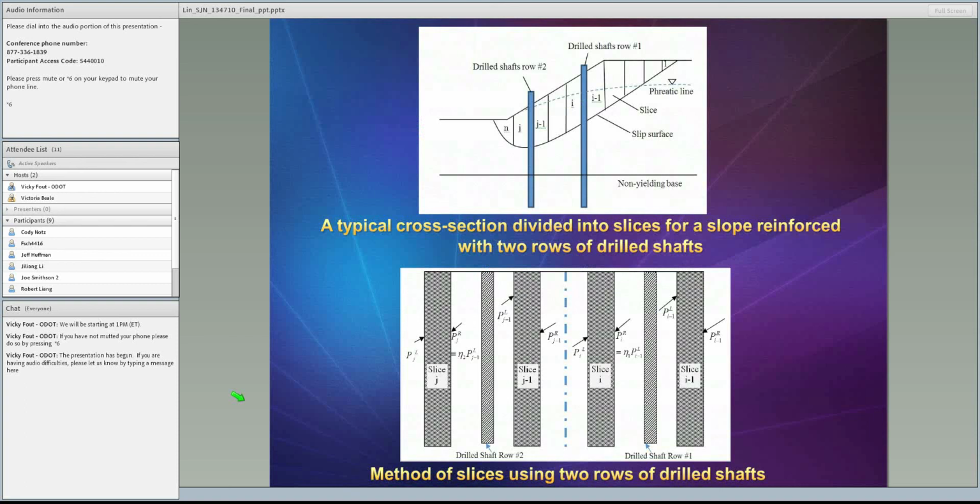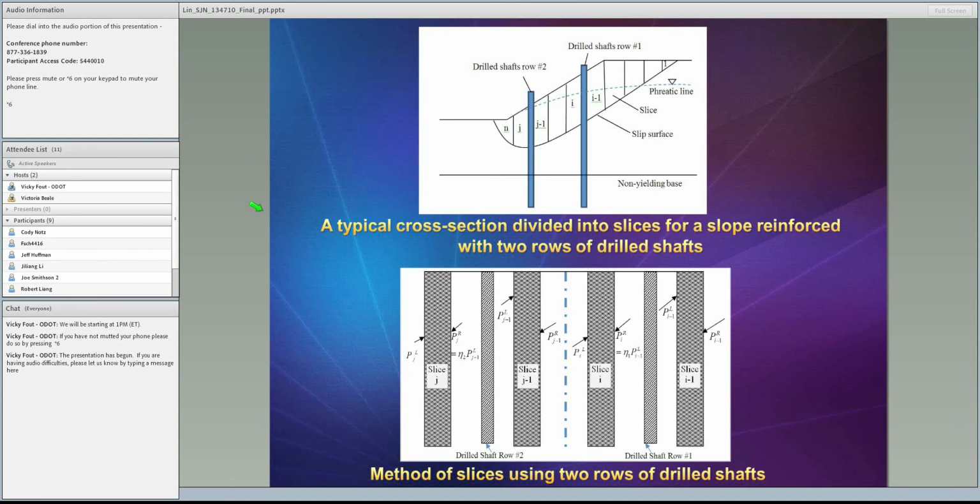So the inter-slice force relationship between the left and right slice is written down as this equation, which is the same as using one row of drill shaft, but with different eta. Here is eta 2, here is eta 1, because eta 1 is shaft row number 1.